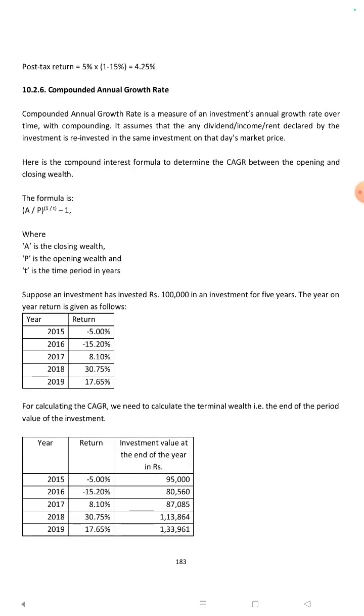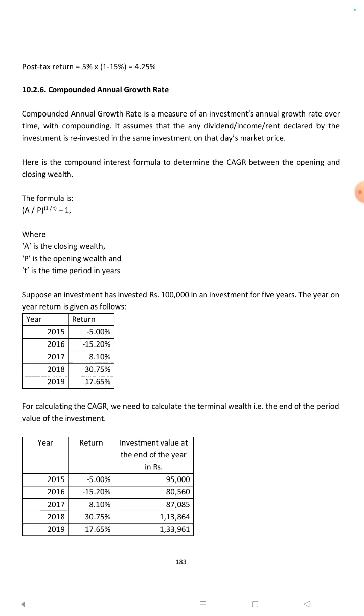Compounded annual growth rate. Compounded annual growth rate is a measure of an investment's annual growth rate over time. With compounding, it assumes that any dividend income declared by the investment is reinvested in the same investment at the day's market price.